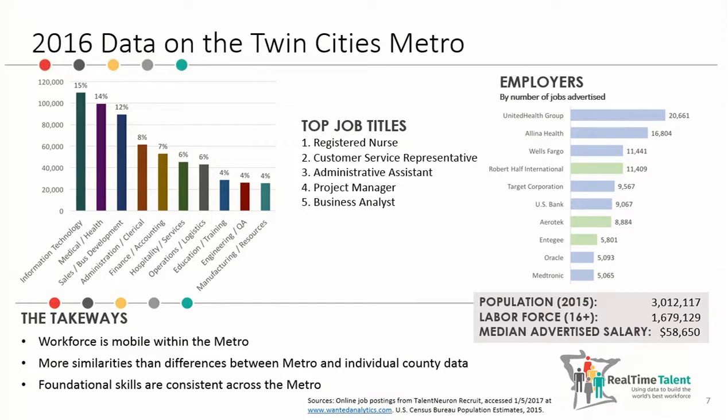It's just looking at who the top employers are, in this case just the Twin Cities Metro, and what the top job titles being recruited are. This information, for the most part, all comes from a product called Talent Neuron Recruit, which looks at job postings that are alive and well. But I give you that example because sometimes reports can be very simple.